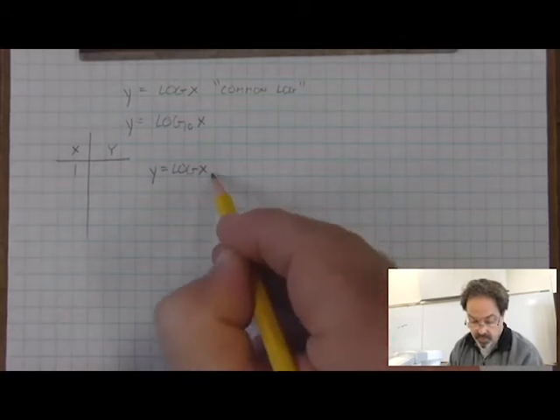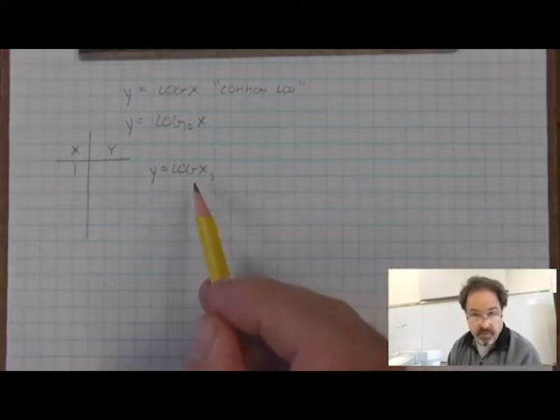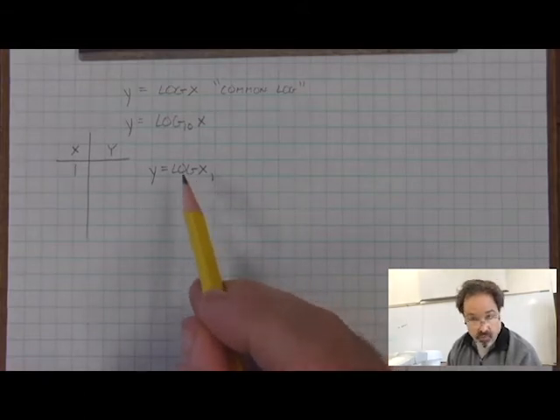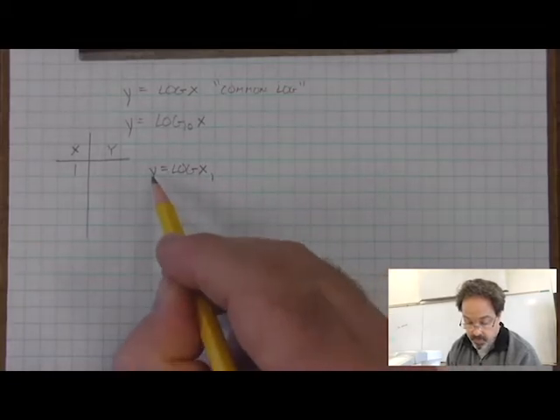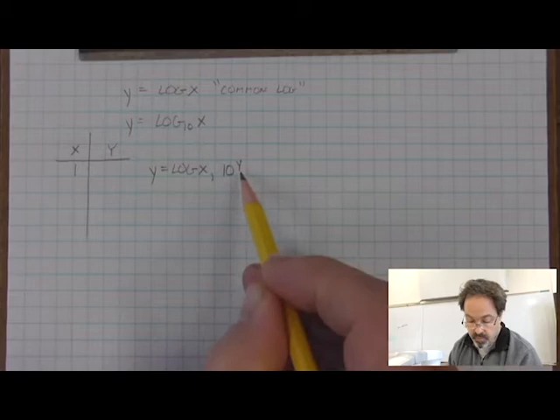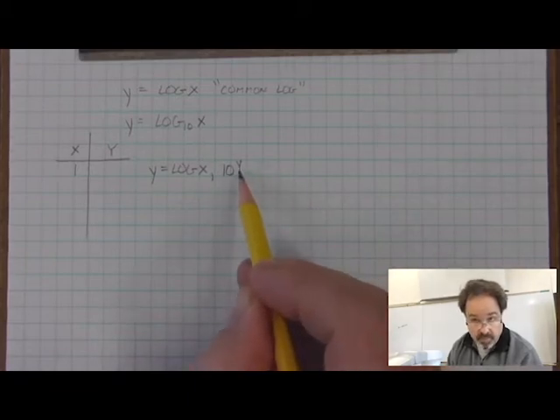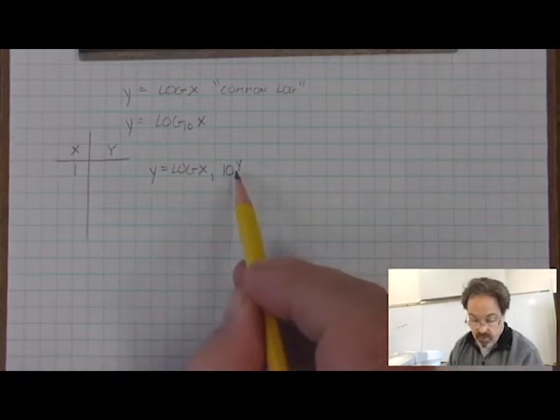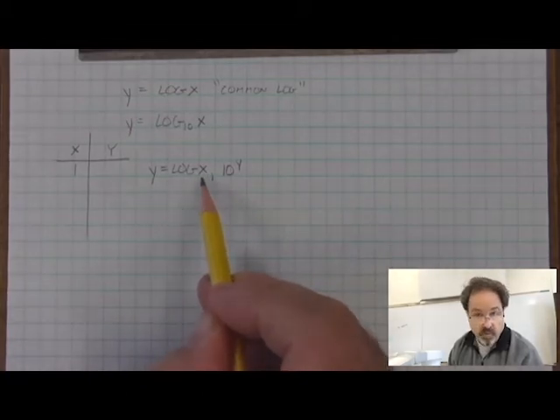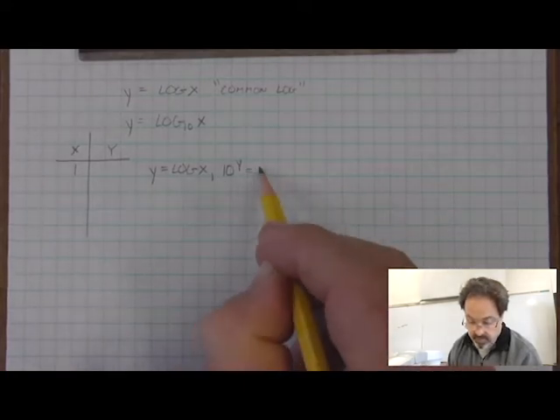It might help to remind us that we can change this into exponential form by taking the power base 10 of both sides. When we do, power base 10 of y means that we write a power where the base is 10 and now y is in the exponent position. On the right side of this equation, a power base 10 will cancel out the common log, the log base 10, leaving x.